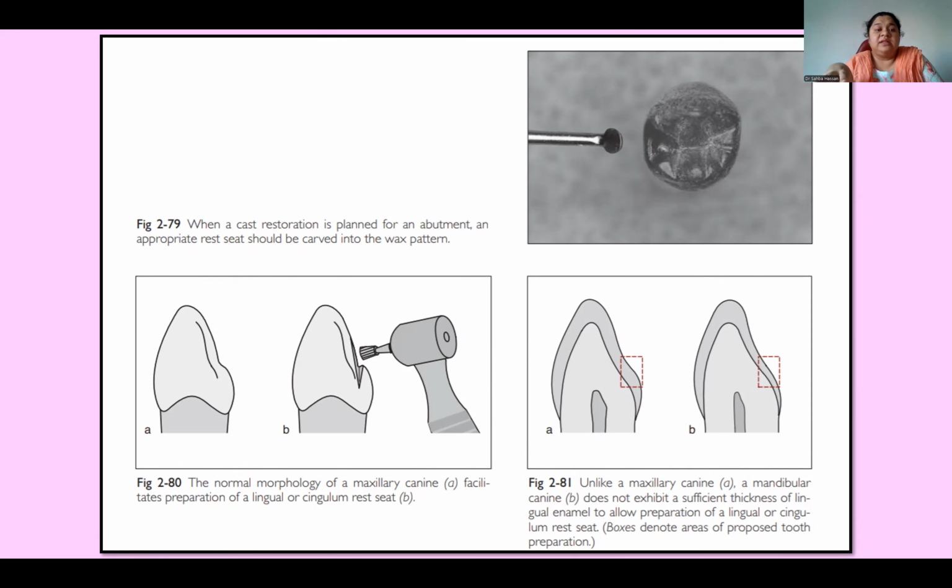If a cast restoration is planned for an abutment, the rest seat should be carved into the wax pattern. You cannot give it later or make it yourself. So in the crown you are getting from the lab, the rest seat would be there.